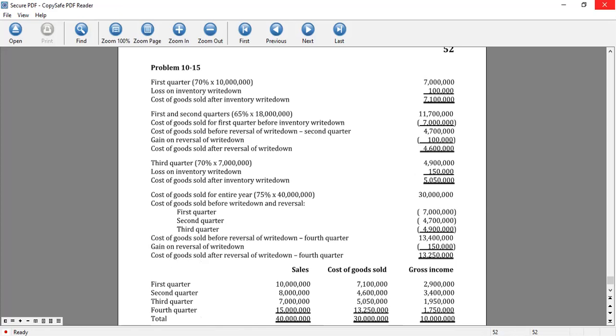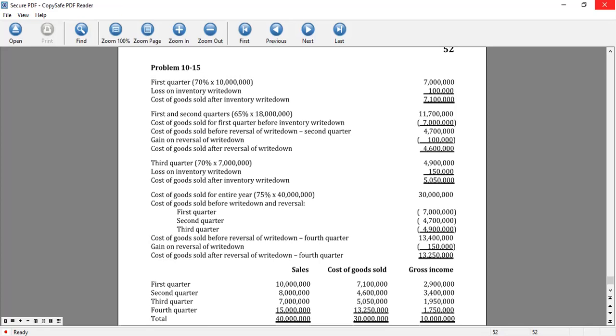10-15. The company encountered the following product cost situations as part of the quarterly financial reporting. The entity conducted inventory count at the end of the second quarter and end of the fiscal year. Total gross profit rate, actual gross profit at the end of the second quarter, and the actual gross profit rate at the end of the second quarter.